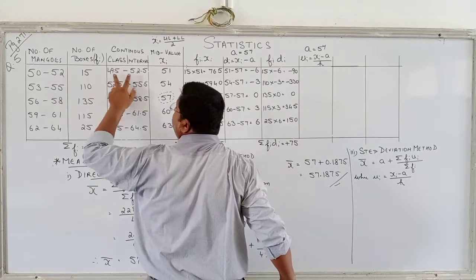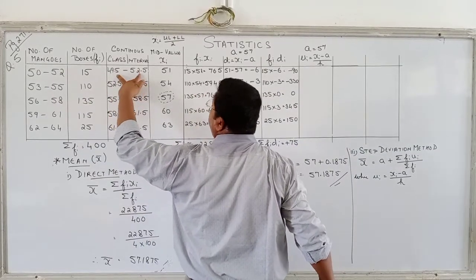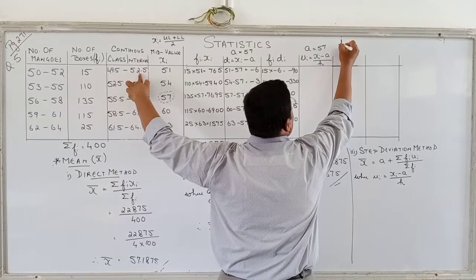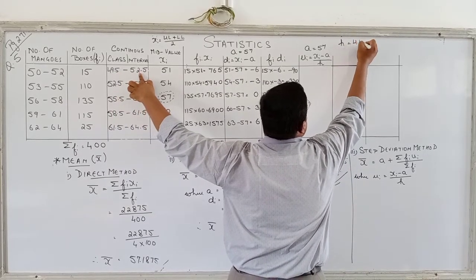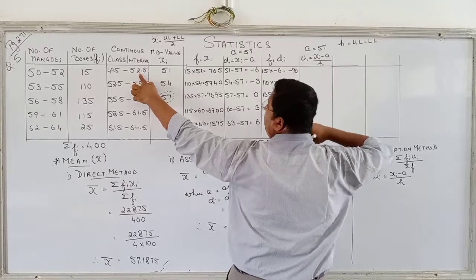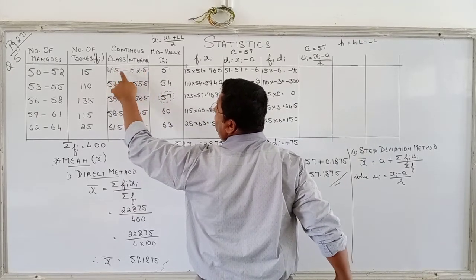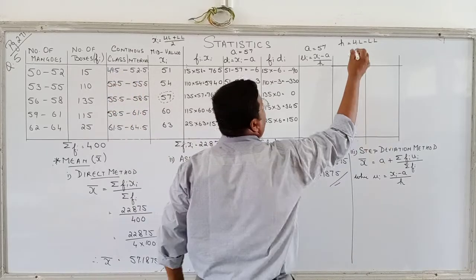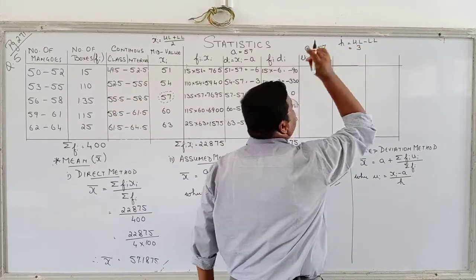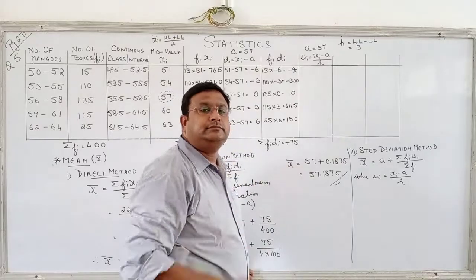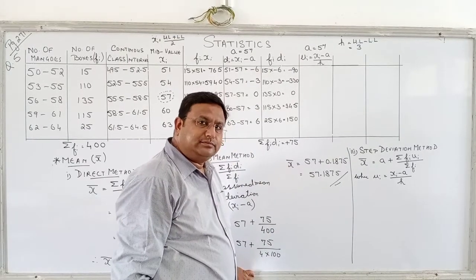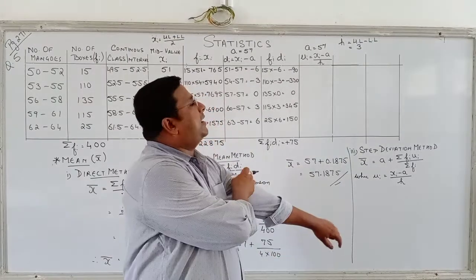You can see 52.5 and 49.5. H is equal to upper limit minus lower limit. Check over here: 52.5 minus 49.5, 3. How much is H? 3. Clear? Correct? Upper limit minus lower limit.